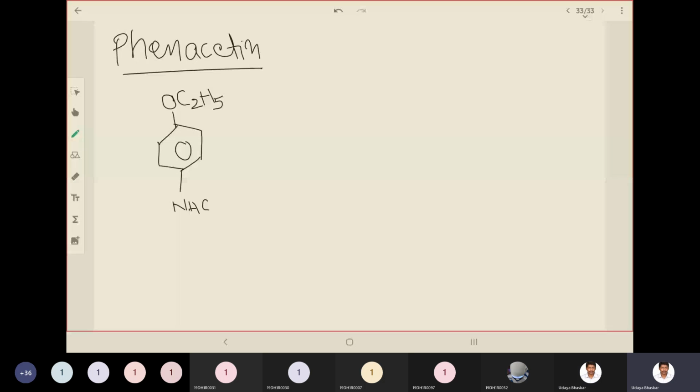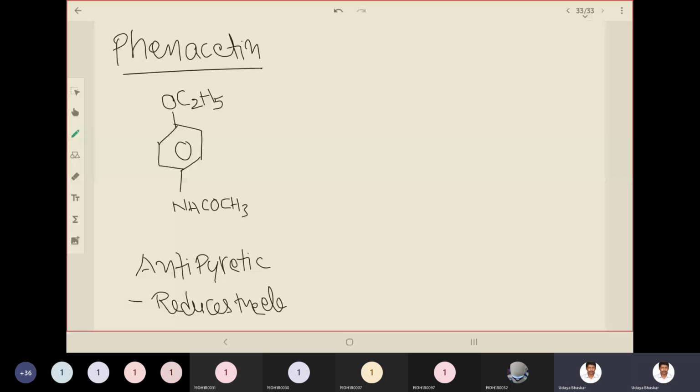What is antipyretic? Antipyretic is the drug which reduces the elevated body temperature.